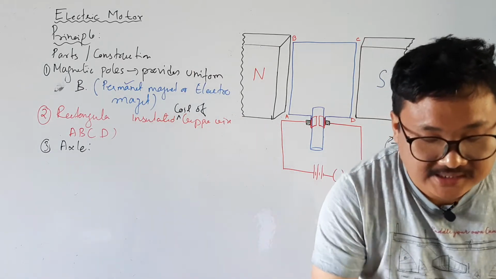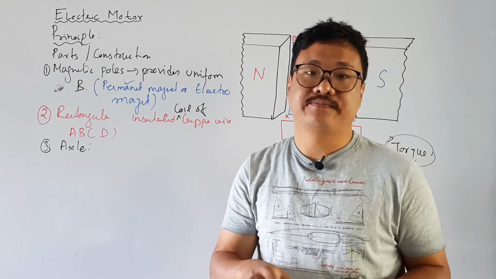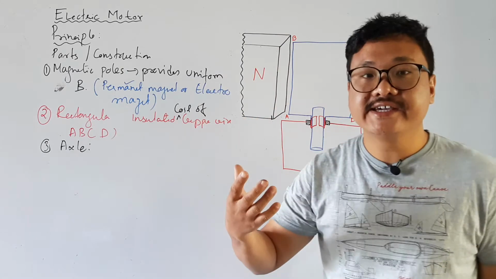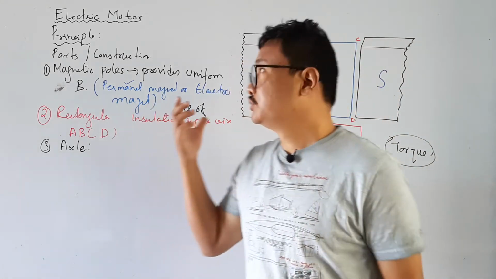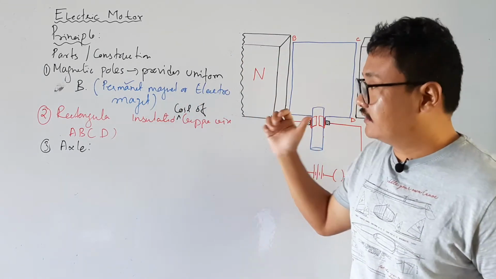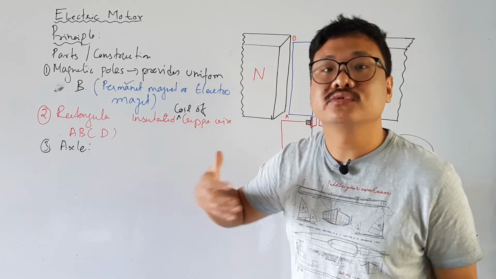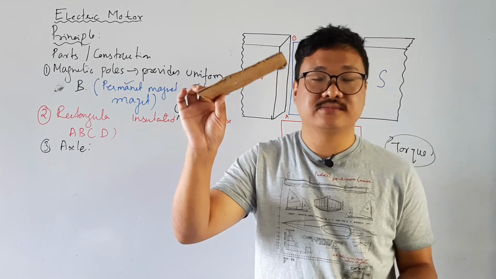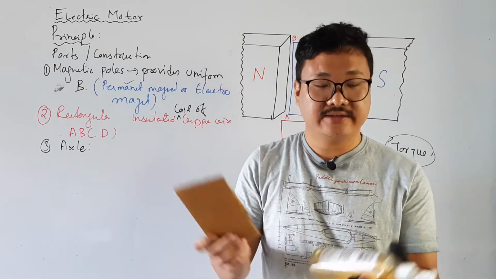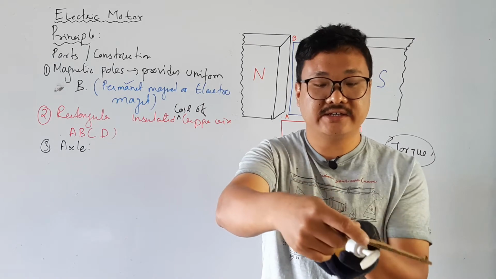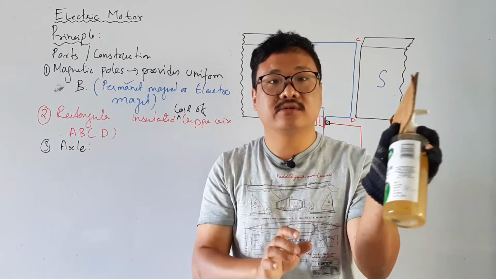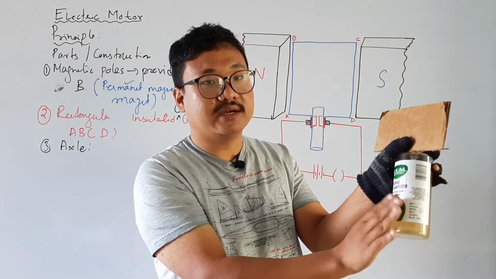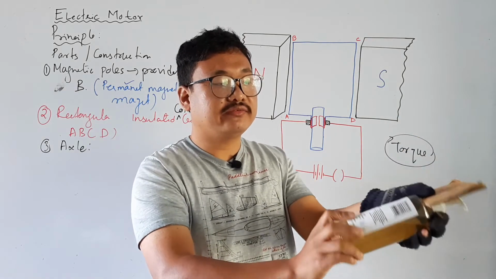This rectangular coil is mechanically supported with this axle in this form, okay. And this axle is free to rotate. So axle ले के गर्यो? It gives mechanical support to the rectangular coil. And this axle is free to rotate. Let's take an example: if this is my rectangular coil and this is the axle. Now I mount it here, okay. This rectangular coil is mechanically supported by this one, and it can be rotated freely like this.